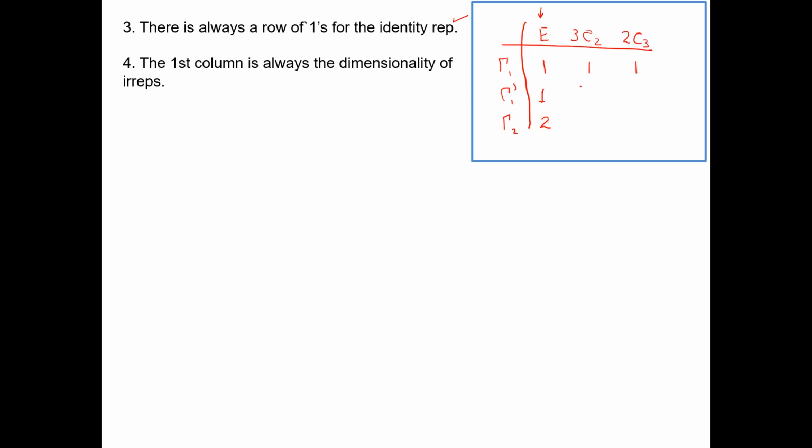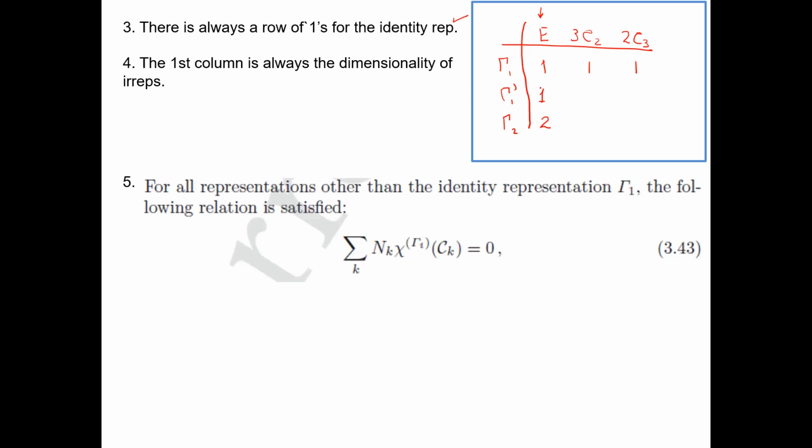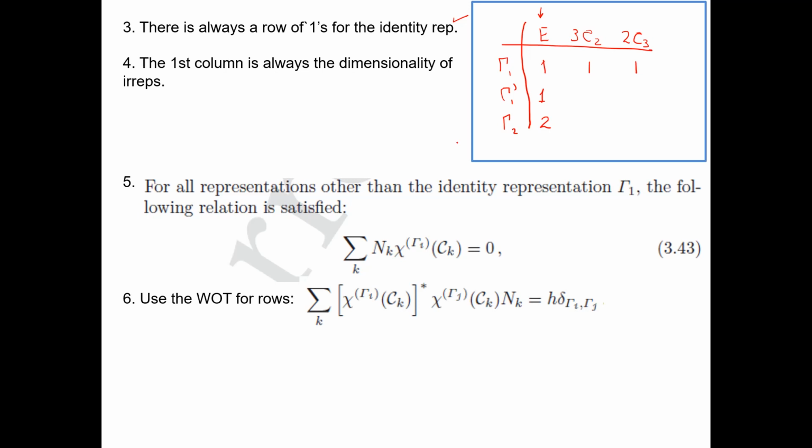Okay. All right. So we have a partial construction of our character table. What can we do next to find the other elements? We can use this result, which is actually a special case of this more general result that we have seen in the previous lecture, which is the wonderful orthogonality theorem for characters, and this works for orthogonality between different rows of the character table.